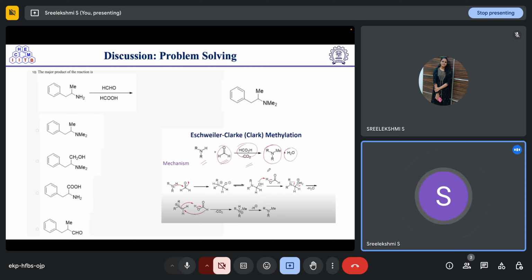It will continue to get methylated until the tertiary amine is formed. So here the correct answer will be option A.